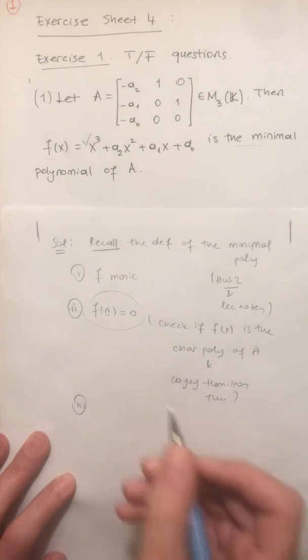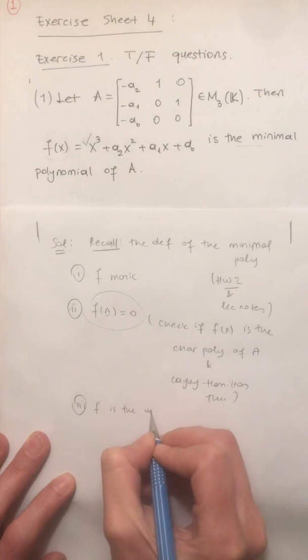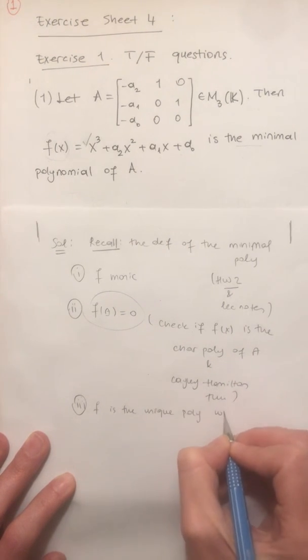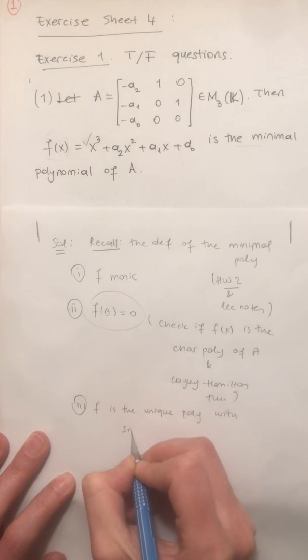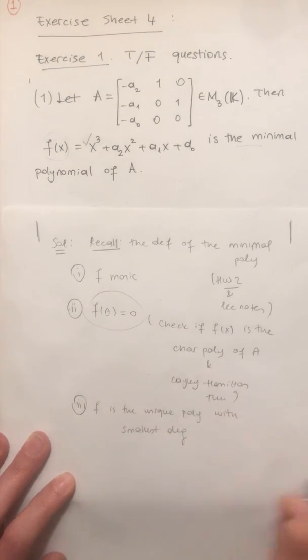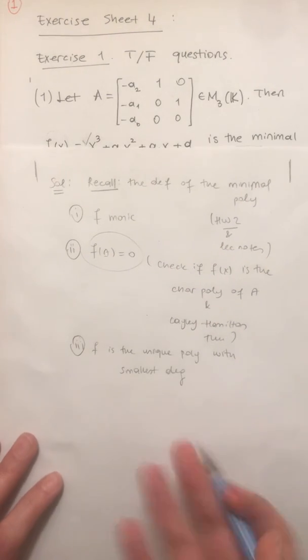And finally, we need to decide if f is the unique polynomial with the smallest degree with this property. And to say this, suppose not.